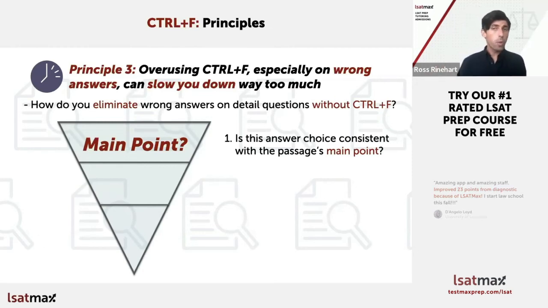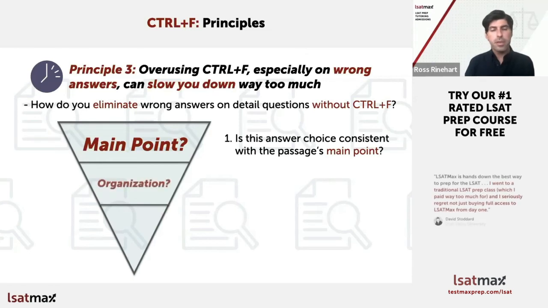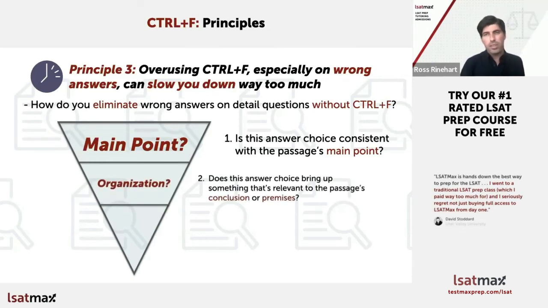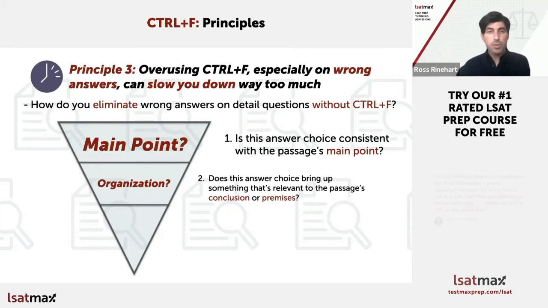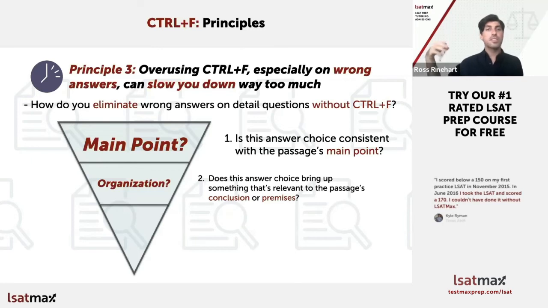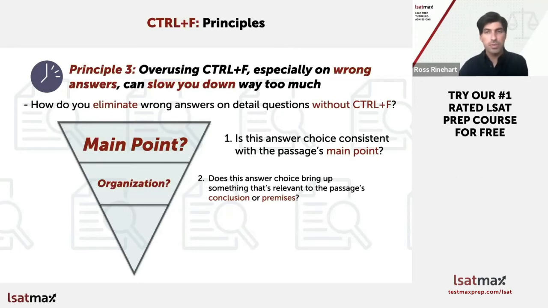Now, sometimes the detail will be consistent with the main point, and then we can start thinking about the passage's organization. Does the answer choice bring up something that's relevant to the passage's conclusions or premises? The author is using this example and this example to prove something about this additional way of doing things. Do any of these details have to do with those two examples?